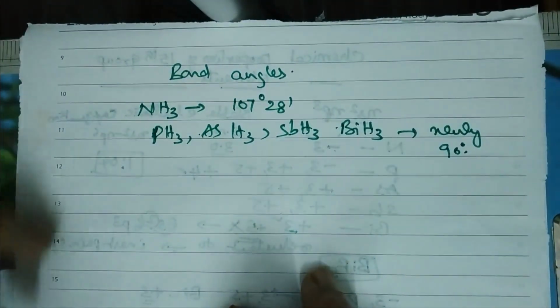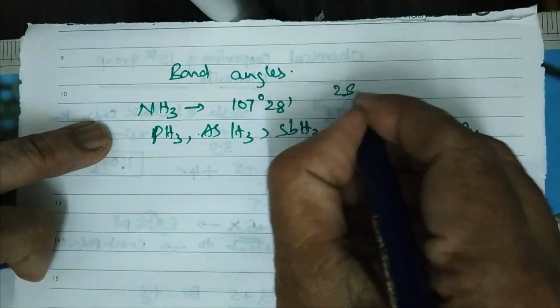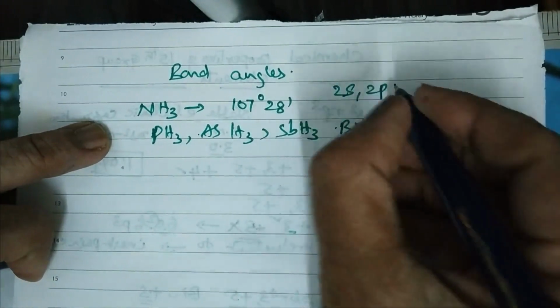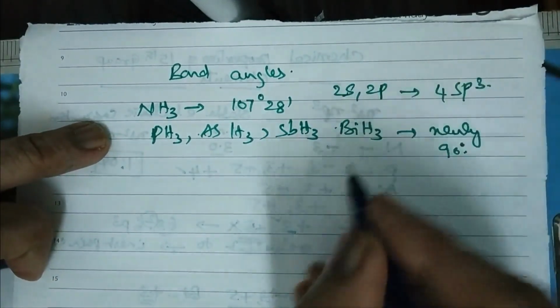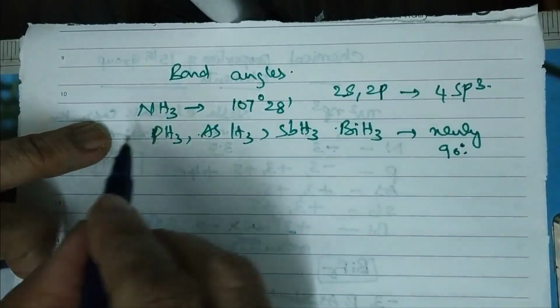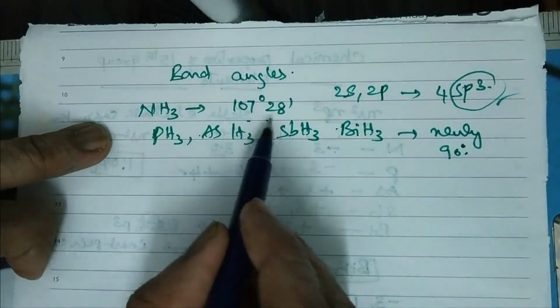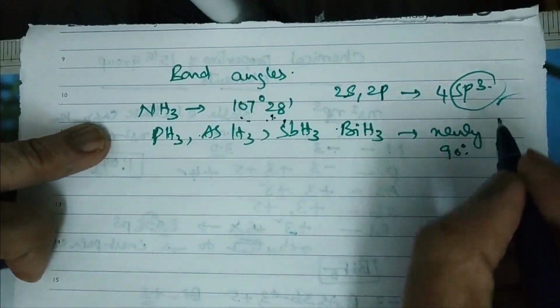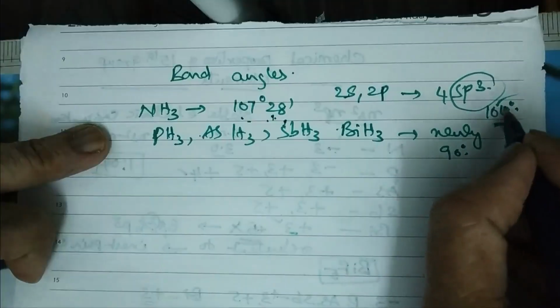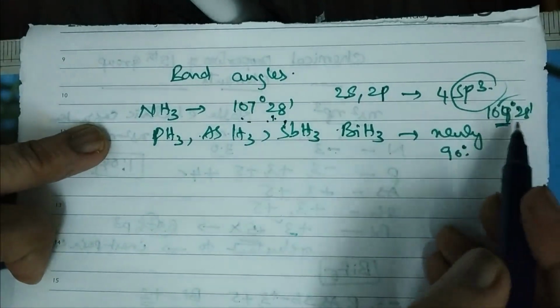Why? Because in ammonia, the 2s orbital and three 2p orbitals get hybridized to give four sp3 hybrid orbitals. Due to the formation of four sp3 hybrid orbitals, sp3 hybridization has a bond angle of 109 degrees 28 minutes.